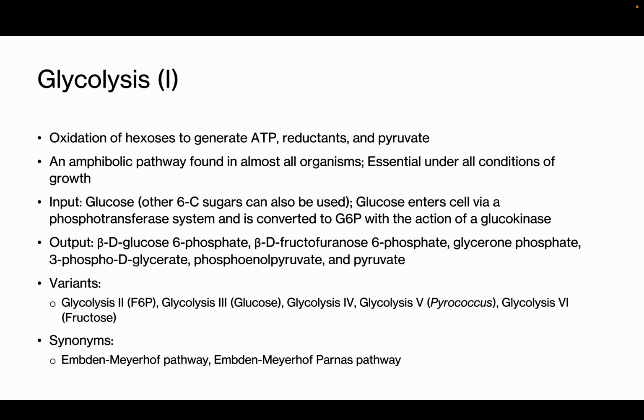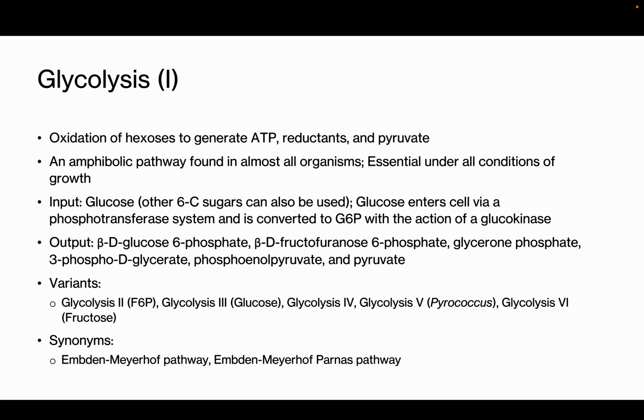So the input for glycolysis are sugars, particularly glucose and other six carbon sugars. That's why the term hexose is introduced. So glucose can enter the microbial cell via a phosphotransferase system and is converted to a phosphorylated intermediate, G6P, via the action of glucokinase.